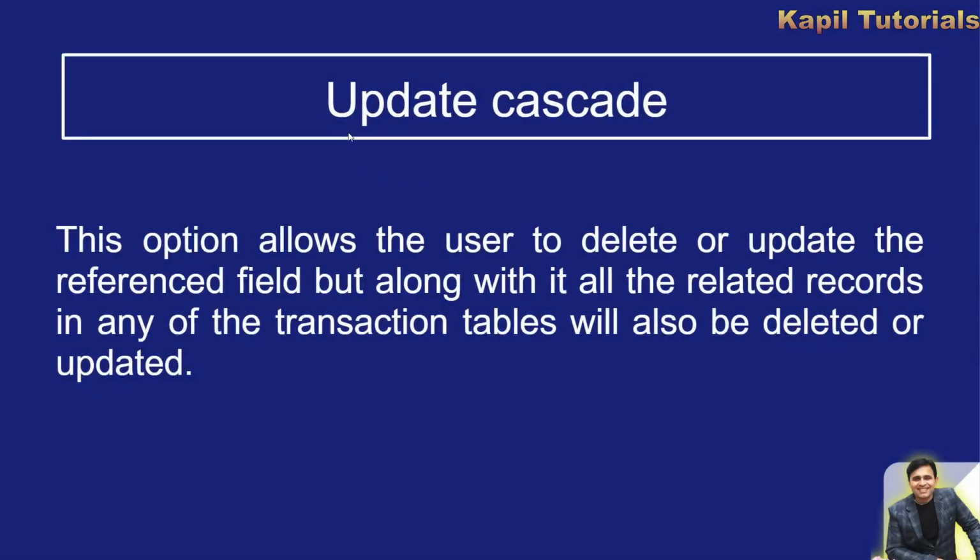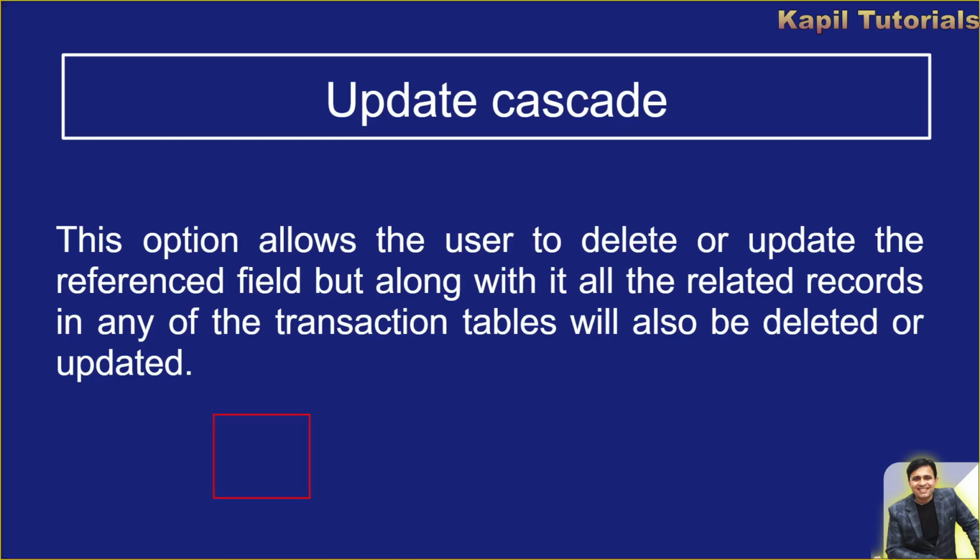Second option, update cascade. If we are using this option, it allows the user to delete or update the reference field, but along with it, all the related records, if any, in the transaction tables will also be deleted or updated. The same way, like master table here and transaction table here.